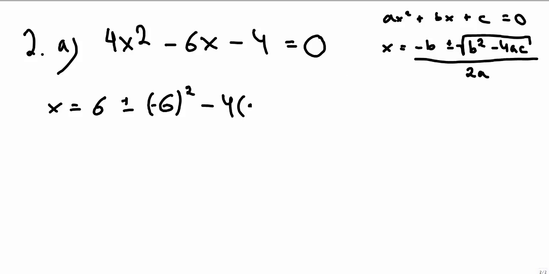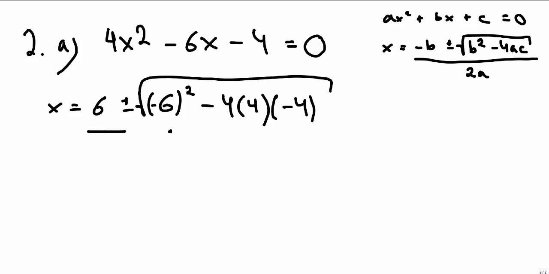A is going to be 4, and then times, I'm going to use bracket again, c, which is minus 4. Okay? And then I'm going to write the square root symbol and everything divided by 2 times a. I'm going to say 2 bracket, and then a is equal to 4 in this case.